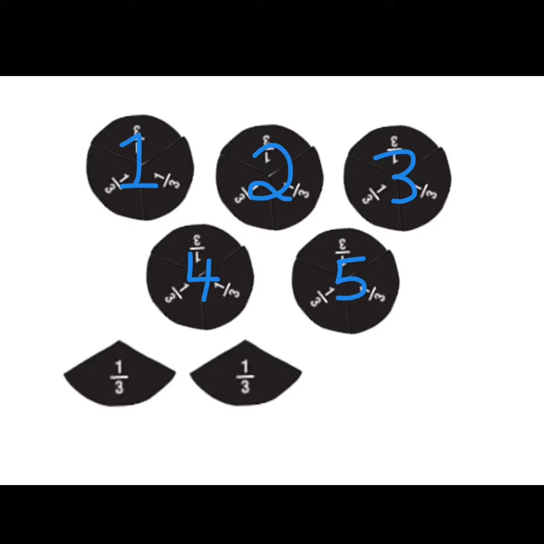So we need to write the whole number right here. And then we need to count how many partial circles or parts of a circle we have. And it looks like we have 1, 2 pieces. So when I write that, we have 2 pieces, and the pieces are cut into thirds. So we say here that there are 5 2/3 of a circle.